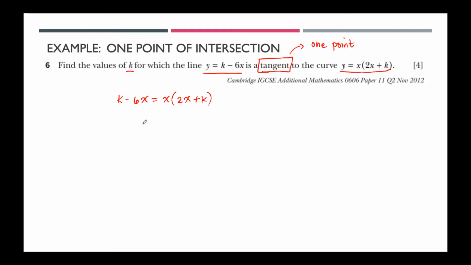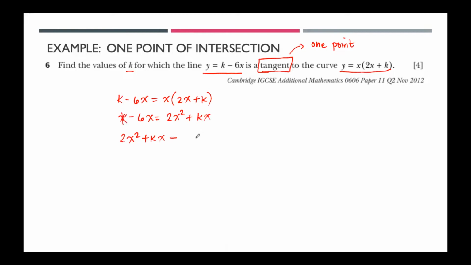Using algebraic manipulation, this gives us 2x squared plus kx. Transfer everything to the right side of your equation so that we can make this equal to 0. Sorry, this is a k.